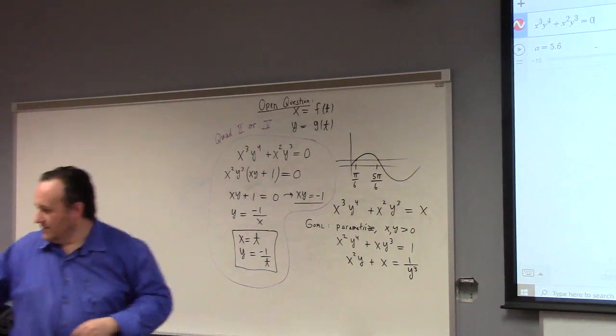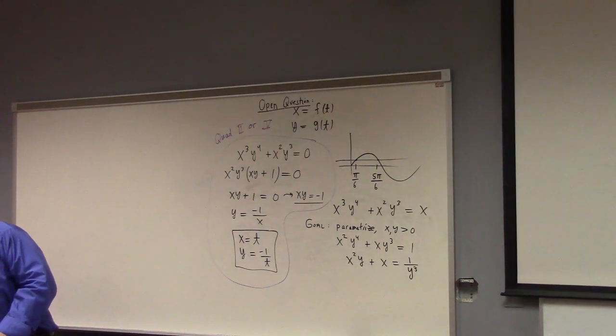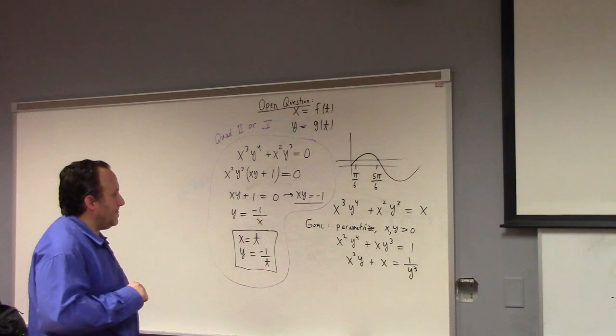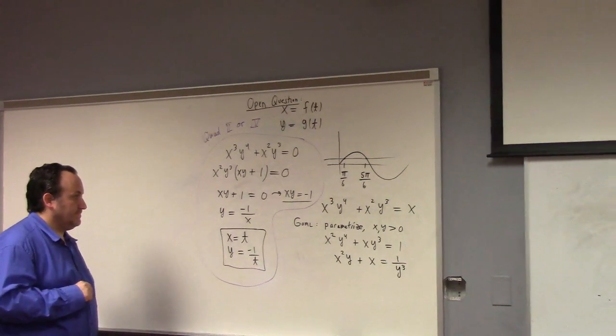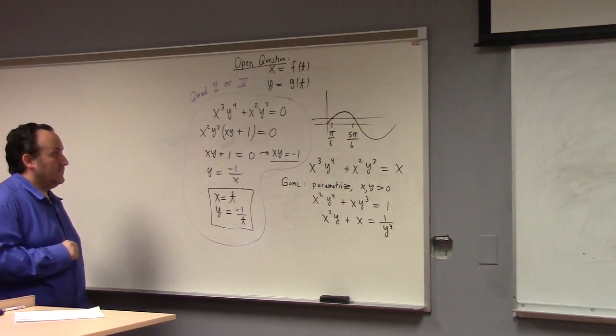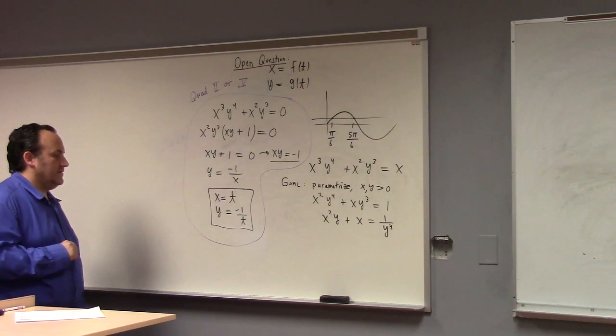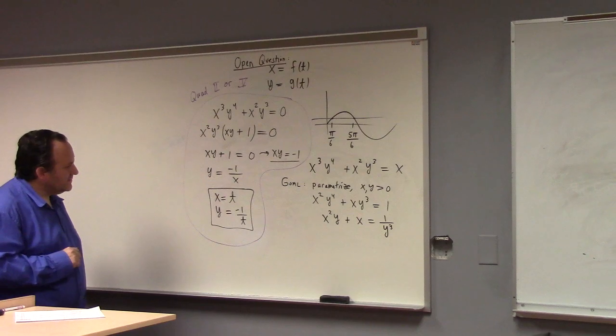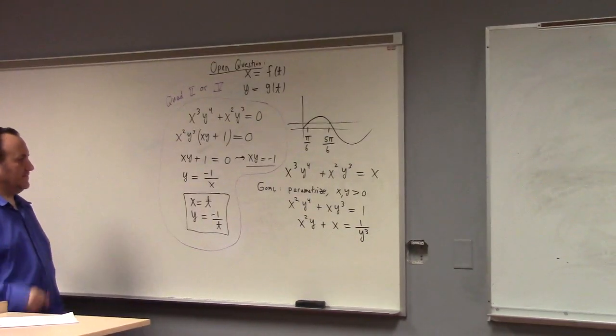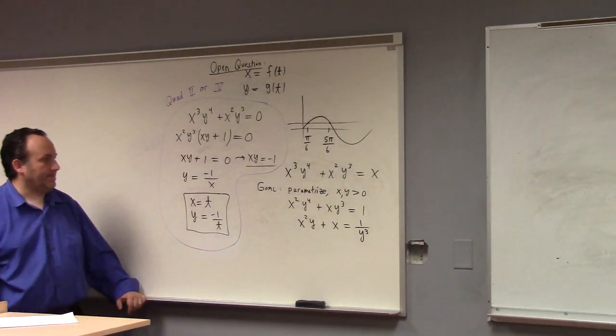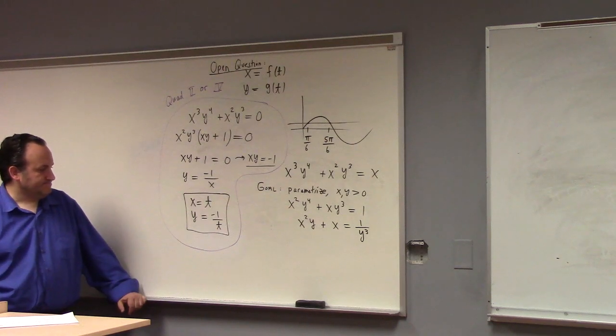So if you parameterize x, your parameterization is just x equals t, and y equals negative 1 over t.